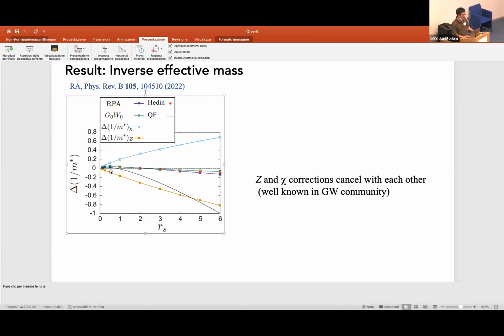The total correction is the summation of those two, represented by purple or green lines, depending on subtle approximation. The important thing is that both the contributions due to Z and chi have sizable effect, but in total, these almost cancel. This cancellation of Z and chi is well known in the GW community, but to my impression, maybe less known in the superconducting community.